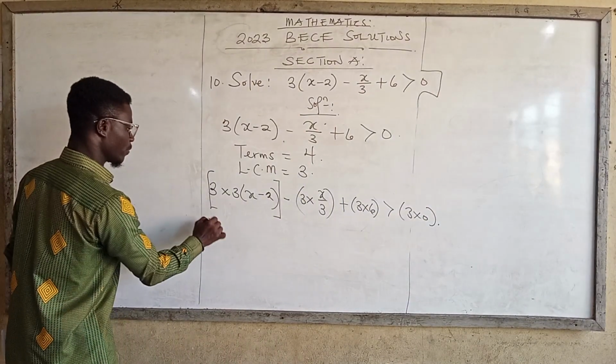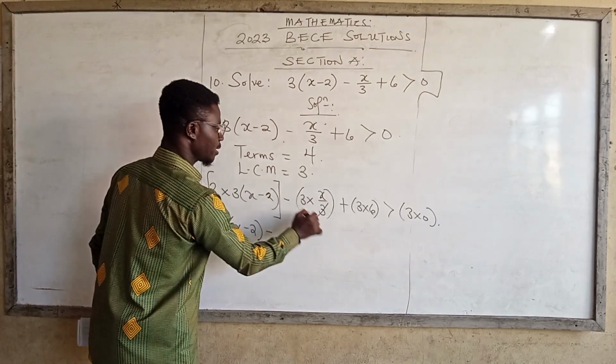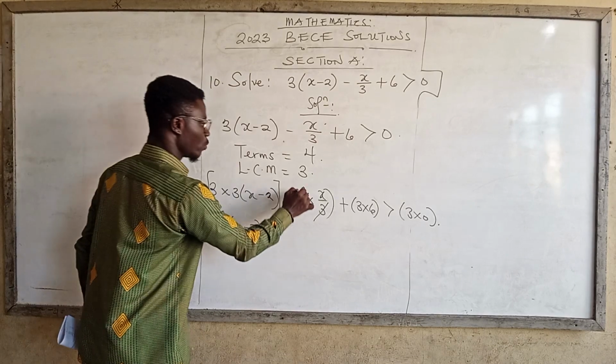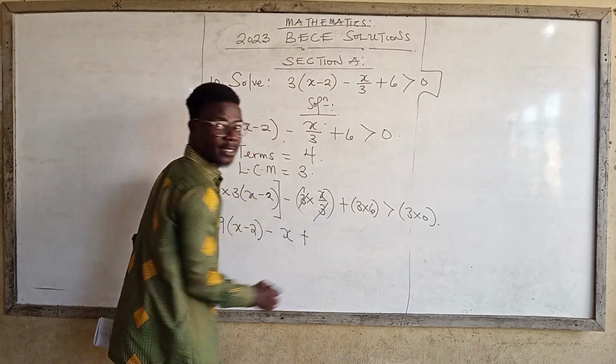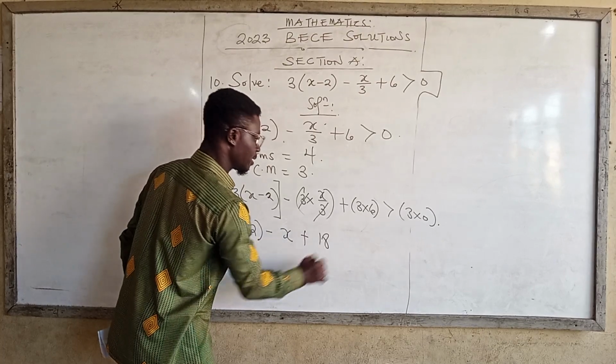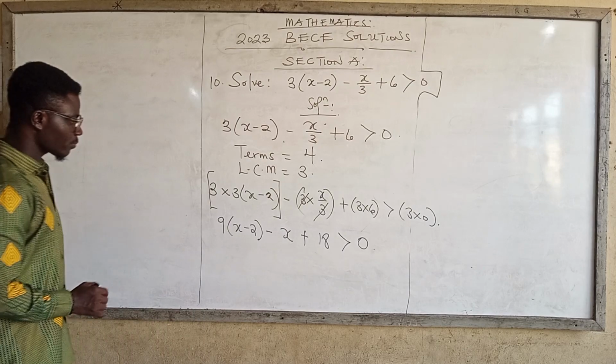So now 3 times 3 we obtain 9 multiplying x minus 2, minus this and that we cancel out. So we get 1 multiplying x, we get x. Then plus 3 times 6, we have 18, greater than 0.